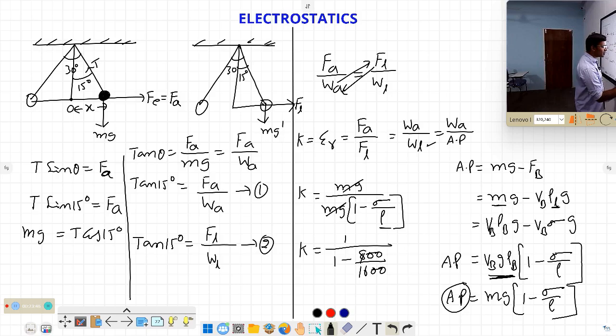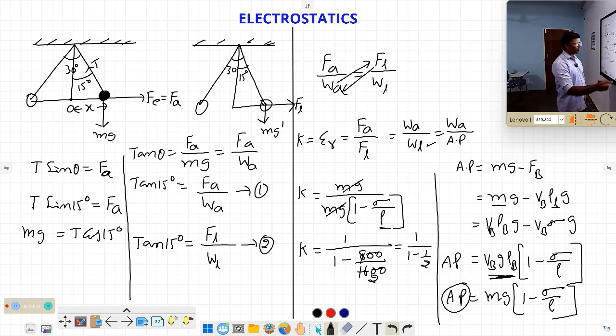If you calculate this, how much do you get? 1 by 1 minus 1 by 2, so nothing but 1 by 2. 1 by 2 means the 2 goes up, so you get k equal to 2. So whatever liquid you are using, where the angular separation is the same, the dielectric constant of that liquid is k equal to 2. This is the answer for your question.